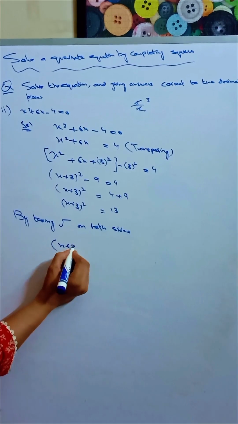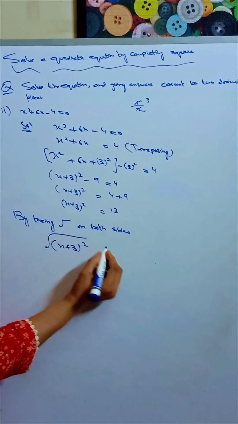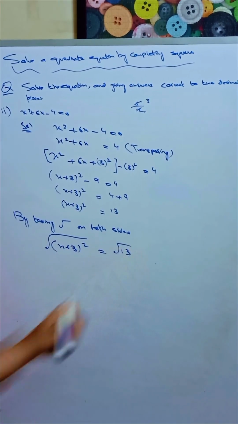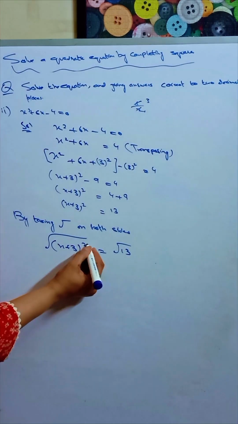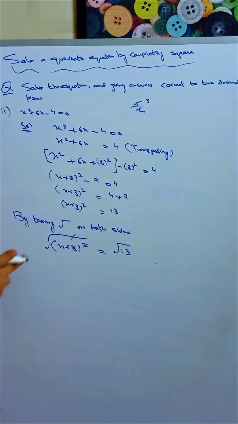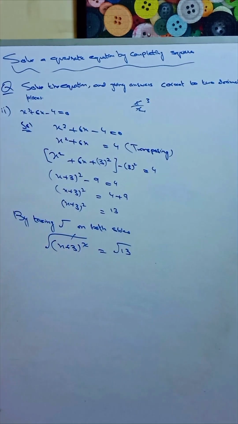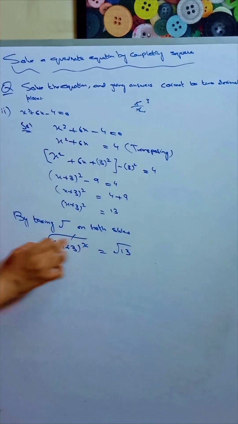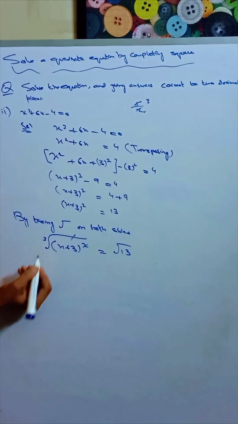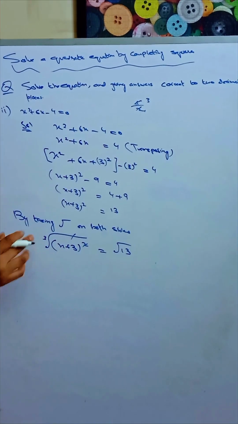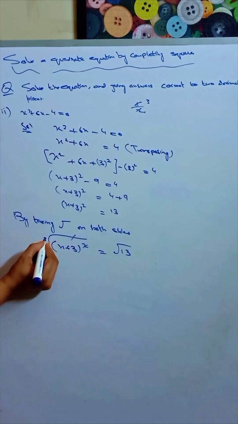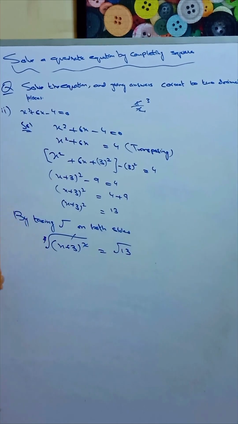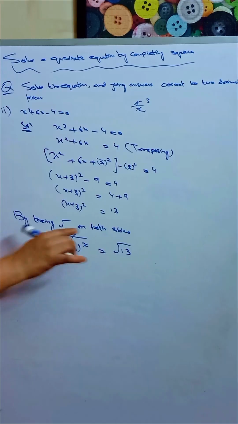Under root of x plus 3 whole square equals under root 13. This cancels off, as the value of the root is 1 by 2. If there is no value written here, like 3, then its value is 1 by 3. If it is written 1 by 4, it is 1 by 4. Right now there is nothing, so its value is 2.